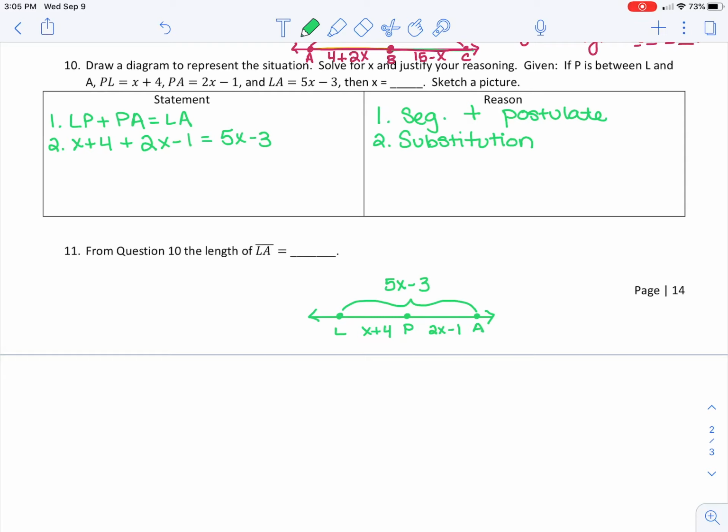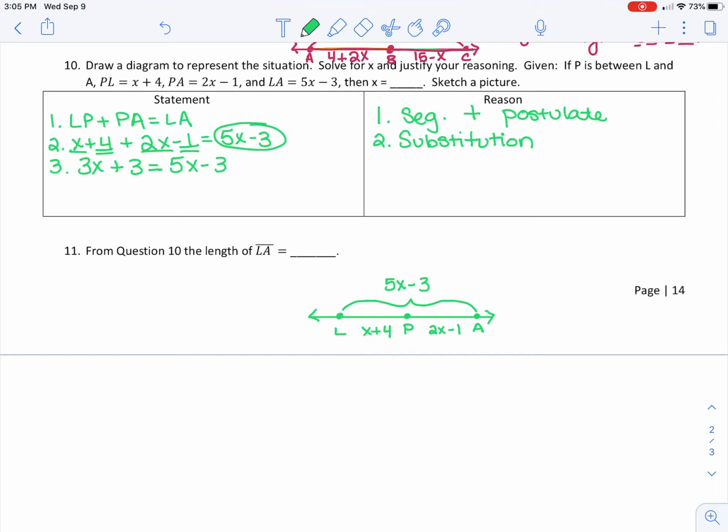Then again, we kind of follow the same steps as number 9. We're going to combine our like terms. We have x plus 2x gives me 3x. And then I have 4 minus 1 is a positive 3. And that's equal to, we can't combine anything on this side of my equal sign, so we're just going to say that's equal to 5x minus 3.